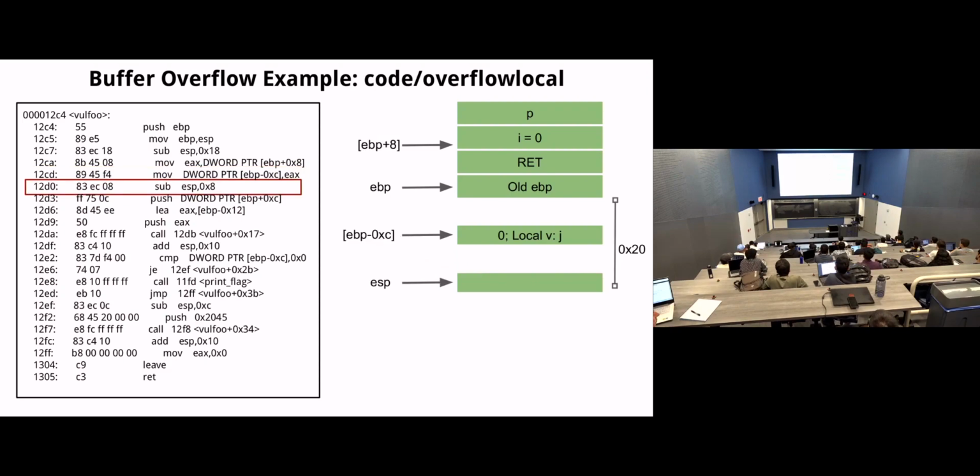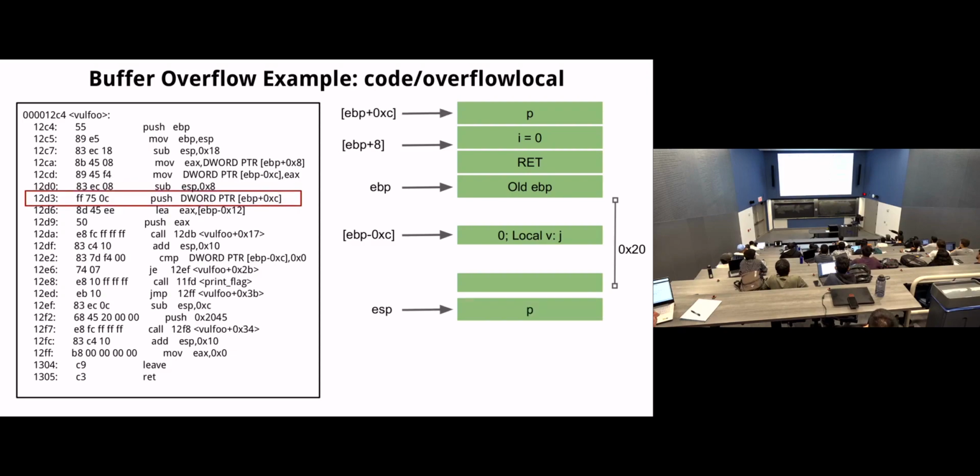So after that, we push EBP plus C, which is the second argument. We retrieve this value and push that onto the stack again. Why are we doing that? Because we are going to call the function string copy, and we are setting up the parameters for string copy, right?